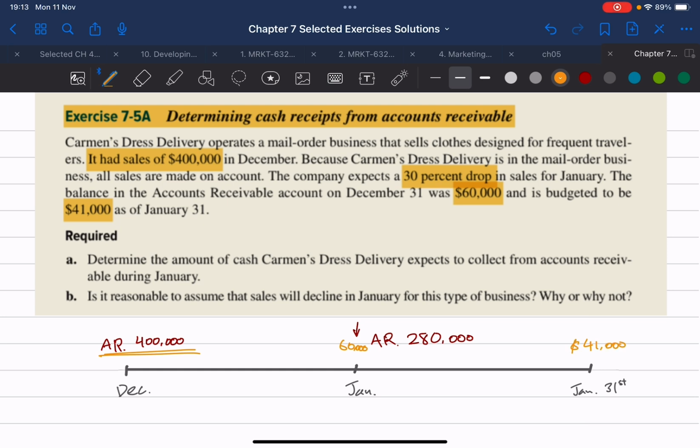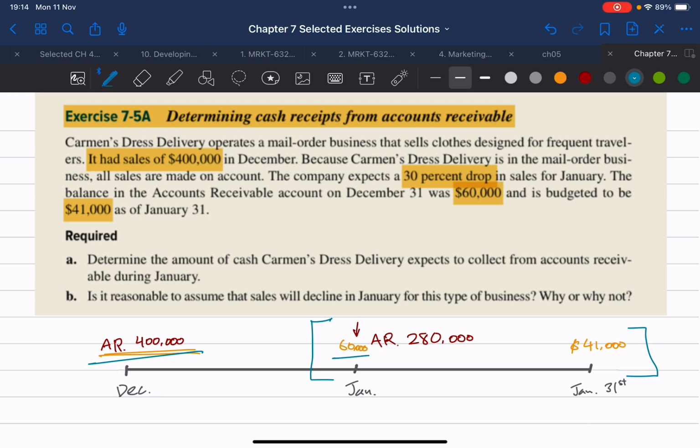So what part of the question are we interested in, in order to figure out how much cash was collected? We need to look into this part right here, from here to here. Because even though we have the sales balance of December, which is this one, almost all of this amount was collected.